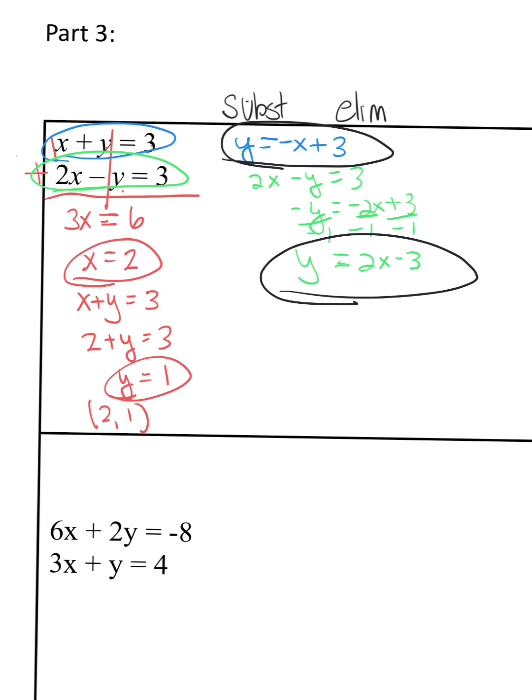And so therefore we can set these two equations equal to each other. So I could take the 2x minus 3 equal to the negative x plus 3. And now I can solve this. I would add x to both sides.